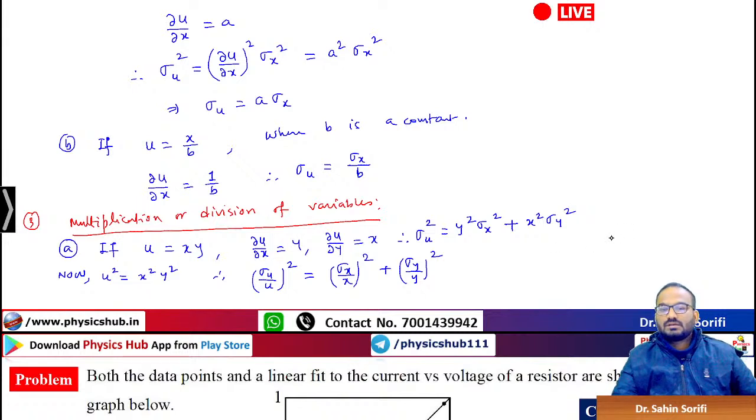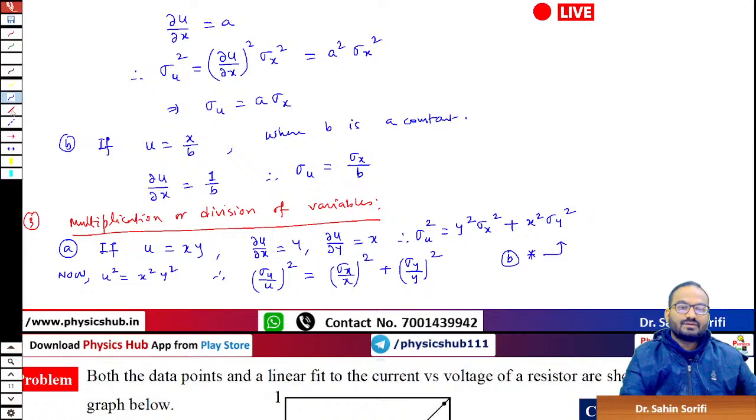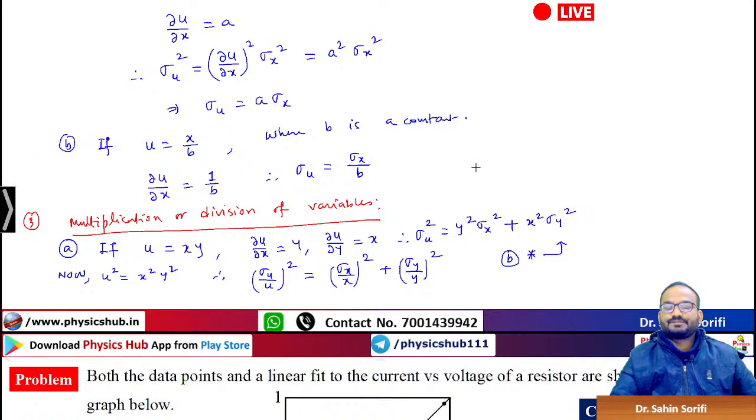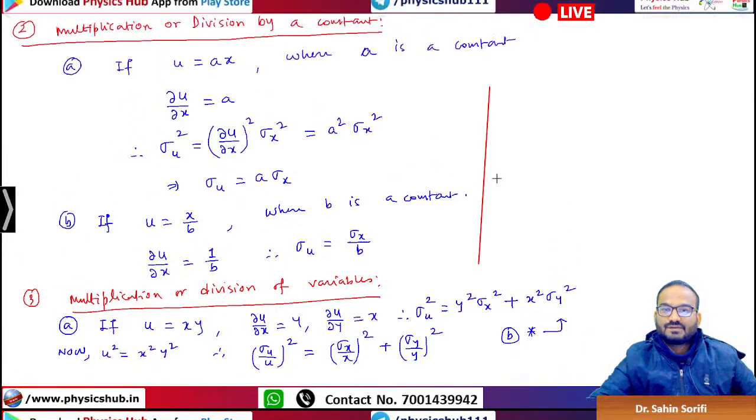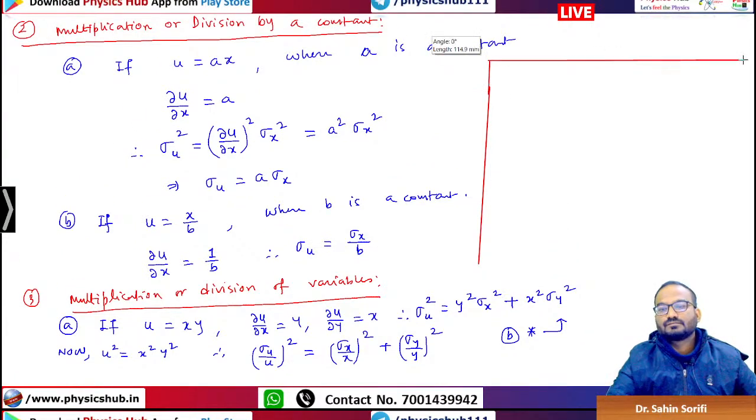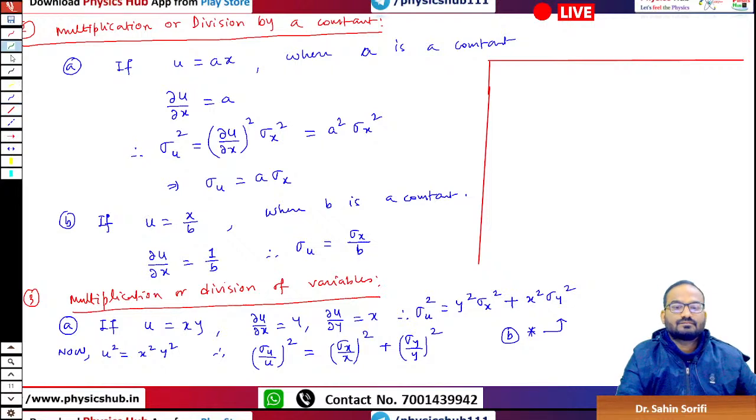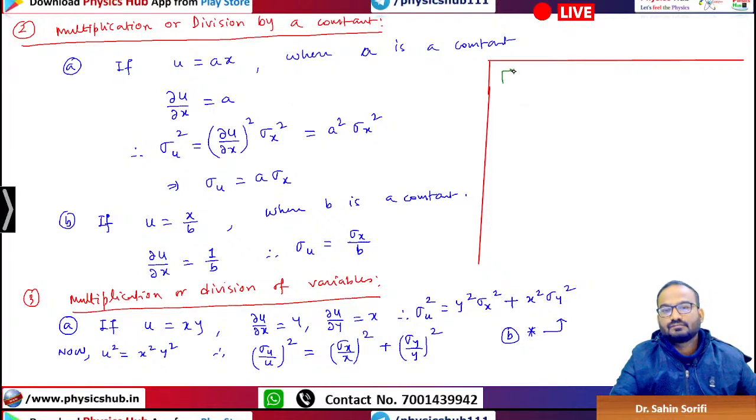Let's go for its case b. We don't have space here, so we are writing it here, case b. Let's say u is given to you as x by y. So what will be del u by del x?